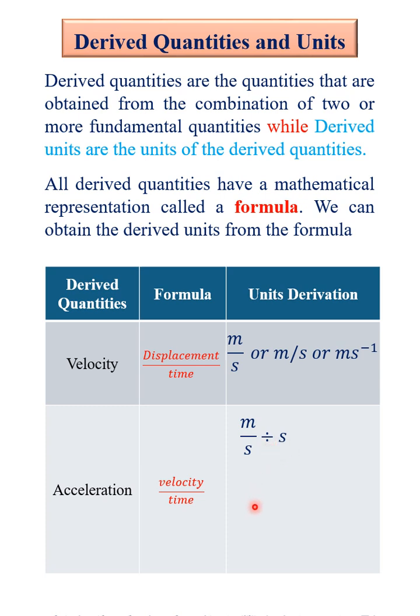And if we evaluate this expression, we're going to get meter all over second times 1 all over s. When the division sign changes to multiplication, the divisor is represented in the inverse form, so that m times 1 gives us m, and s times s gives us s squared, and the unit becomes meter all over second square, which can be written in a better form as meter per second square, or in an index notation as meter seconds raised to power minus 2.